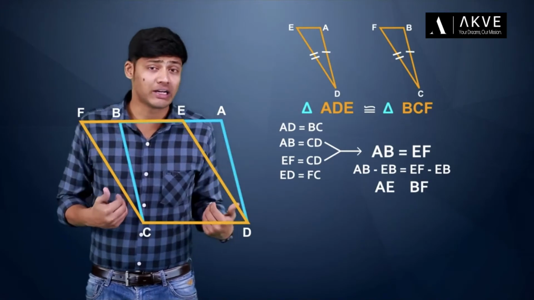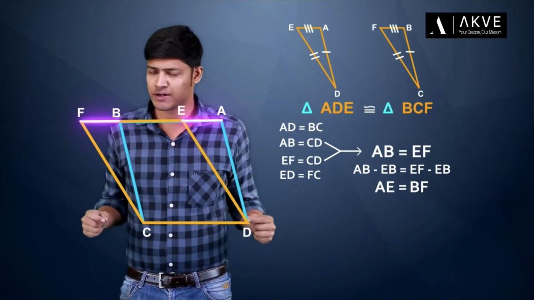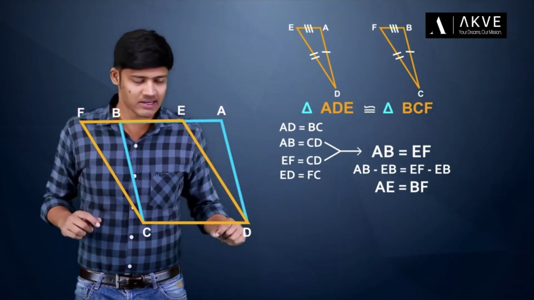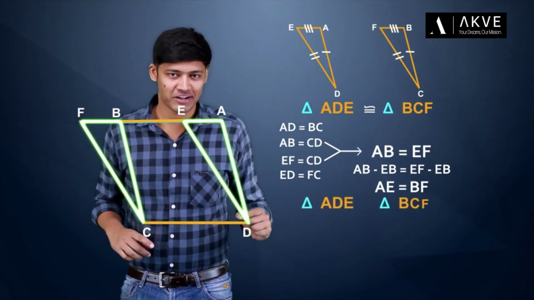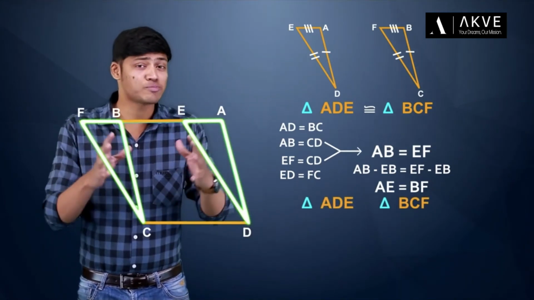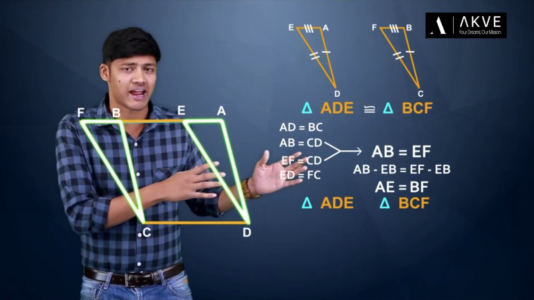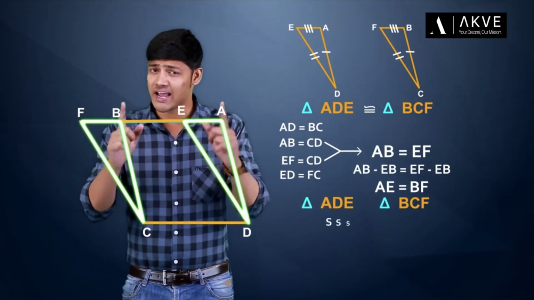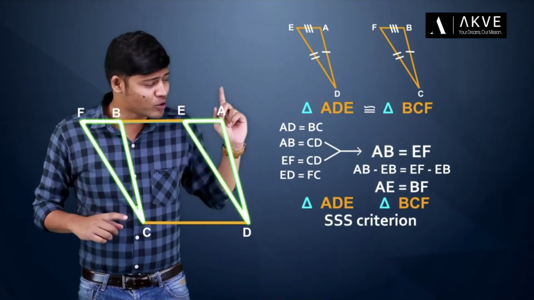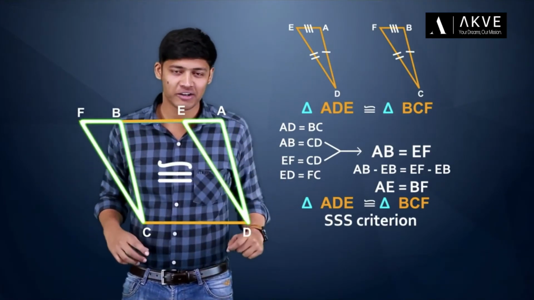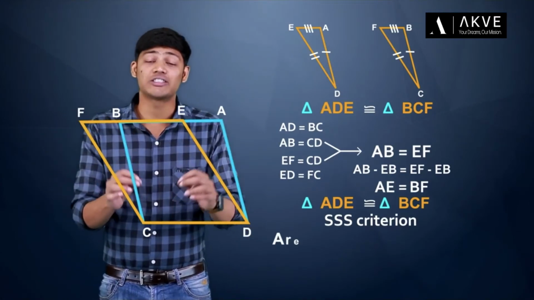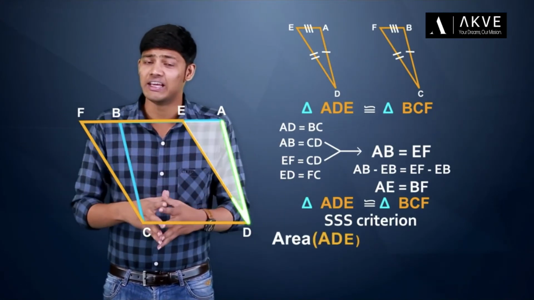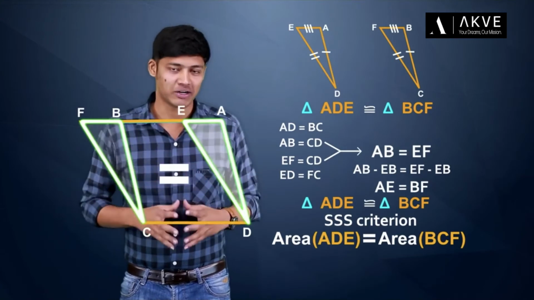So, we proved that AE is equal to BF. Now consider the triangles ADE and BCF. We proved that the corresponding sides of both these triangles are equal, which implies that by SSS criterion, both these triangles are congruent, which implies that the areas of the triangles ADE and BCF are equal.